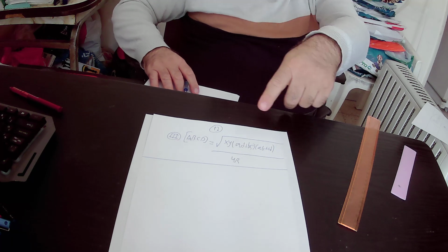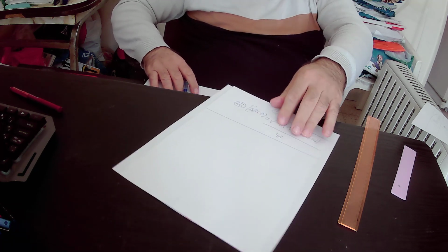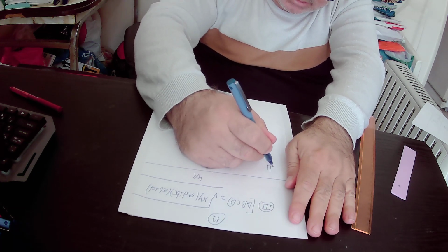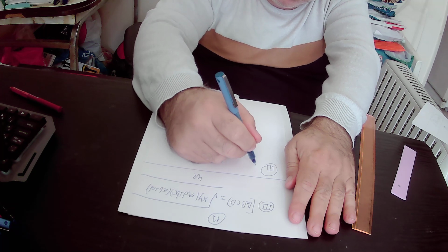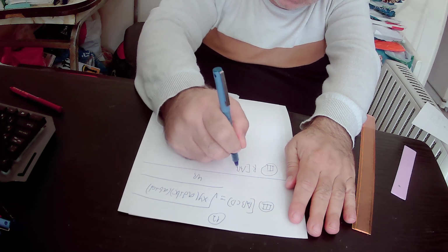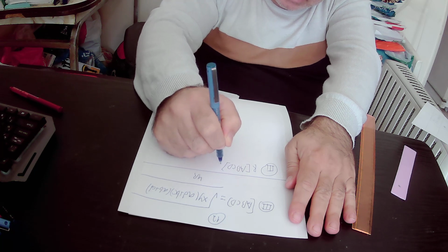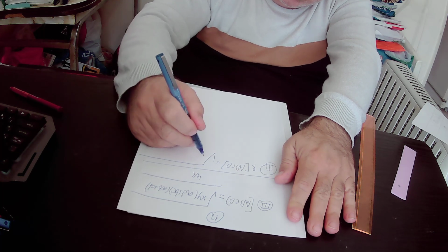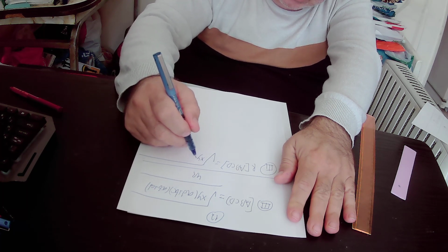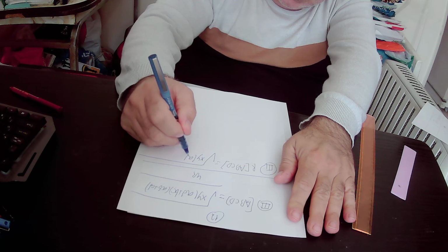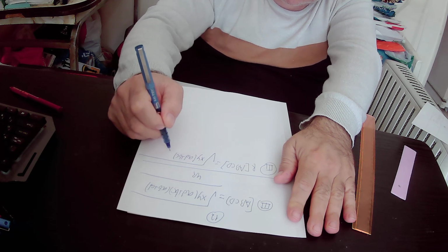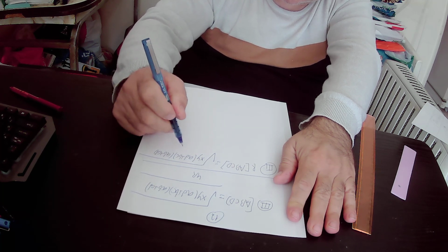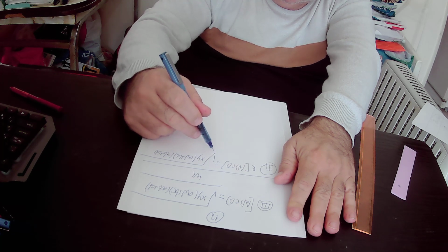First, multiplying by R, we get R times the area of quadrilateral ABCD equals the root of x times y, times (AD plus BC), times (AB plus CD), over 4.